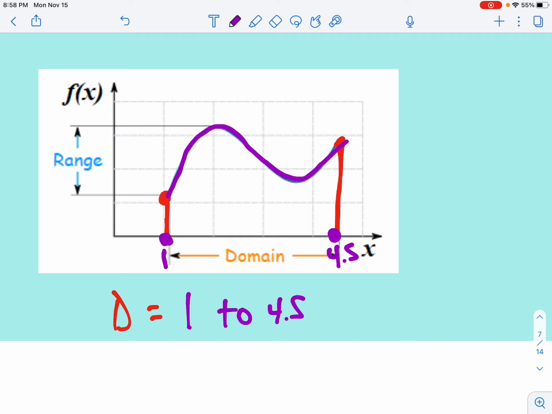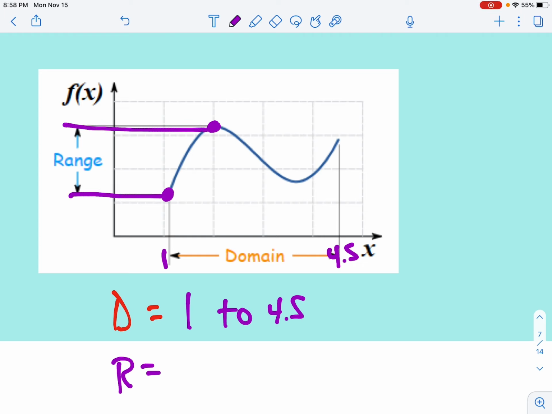And then your range is all your y values. So if we erase all this, what are the y values? You're going to look low to high for the range because that's the y values. So see these lines here? You're going to look from there to there. That's the min and the max points. This is the min, this is the max. What are the y values? Because the range is all the y values.